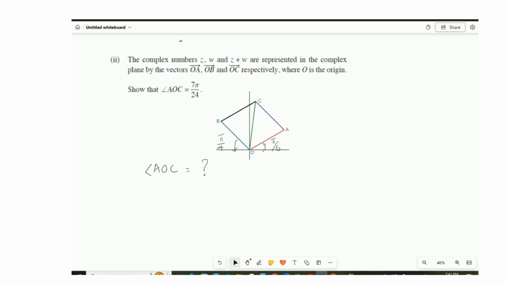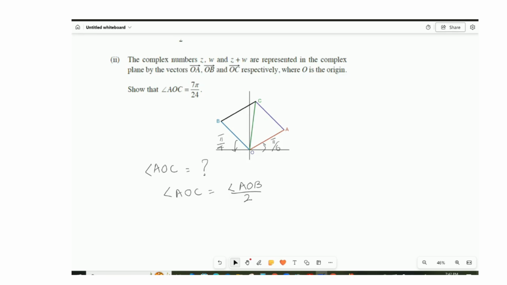To find that one, we know that OACB is a parallelogram, therefore angle AOC is half of angle AOB. That means angle AOC is equal to angle AOB divided by 2.